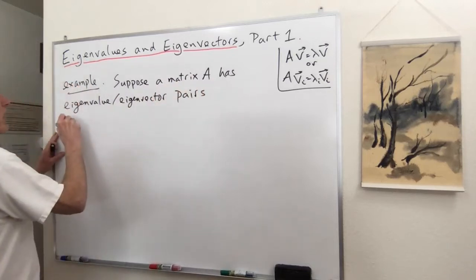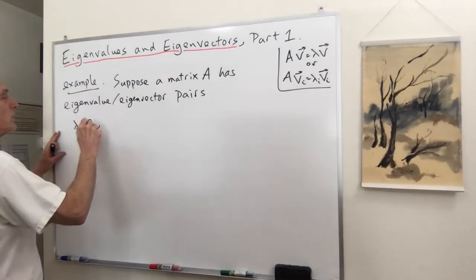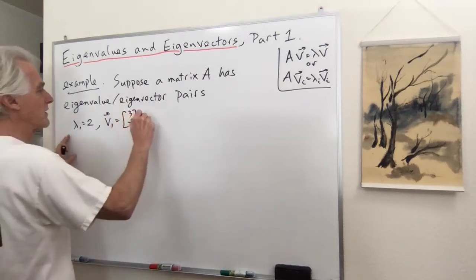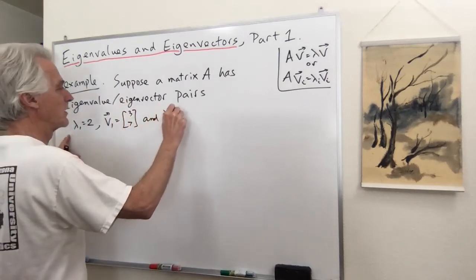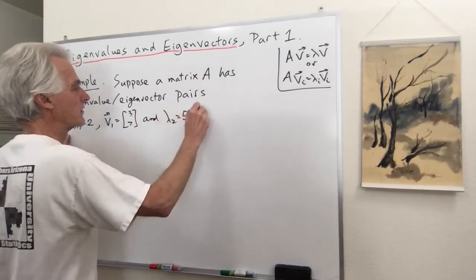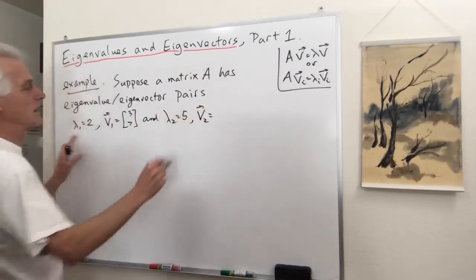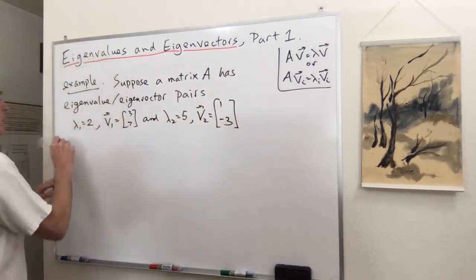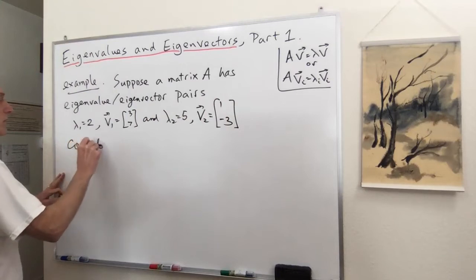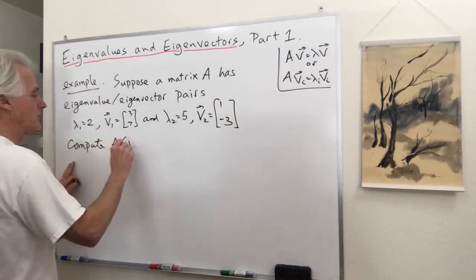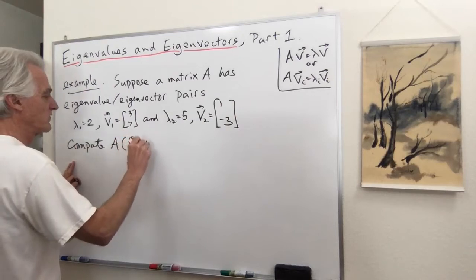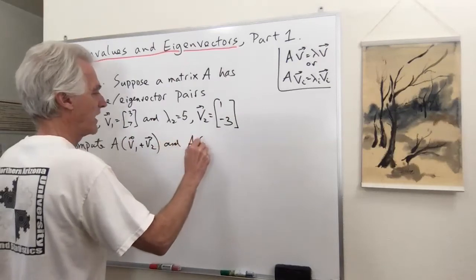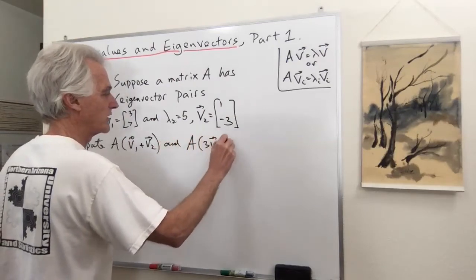Let's say lambda 1 is 2, V1 is (3, 7), and lambda 2 is 5, V2 is (1, -3). And I want you to compute A times (V1 plus V2) and A times (3V1 minus V2).